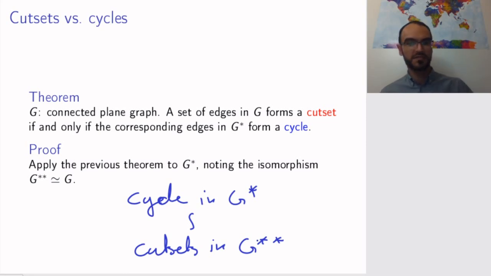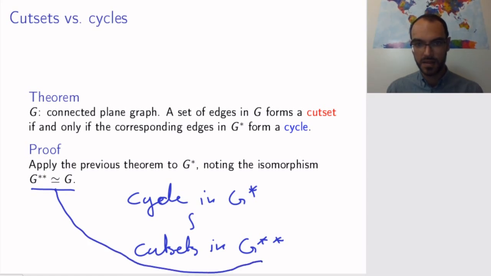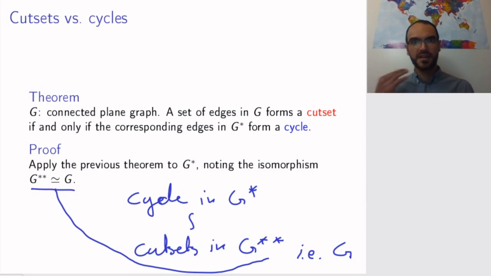So if my original graph is already a dual, the cutsets will be in the dual dual. But the dual dual, G star star, we've already seen is isomorphic to G. So this means that really I am looking at G. So in this way, duality helped me shorten this proof. And the summary of the previous two theorems is that cutsets and cycles are dual phenomena to each other.